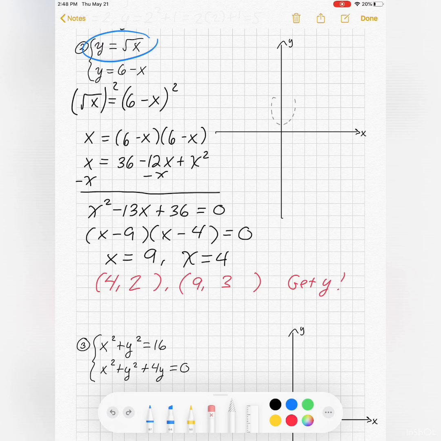I want more room on this side. Okay, where was I? So let's see, 0, 0; 1, 1; 4, 2; 9, 3, etc.